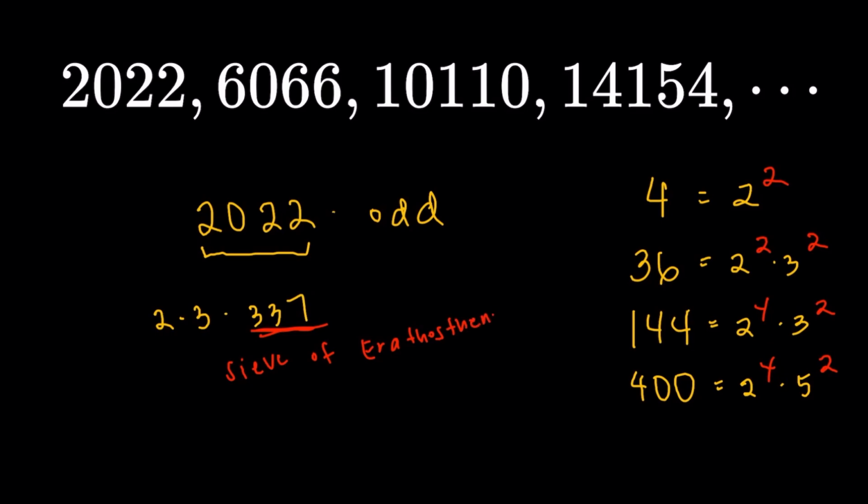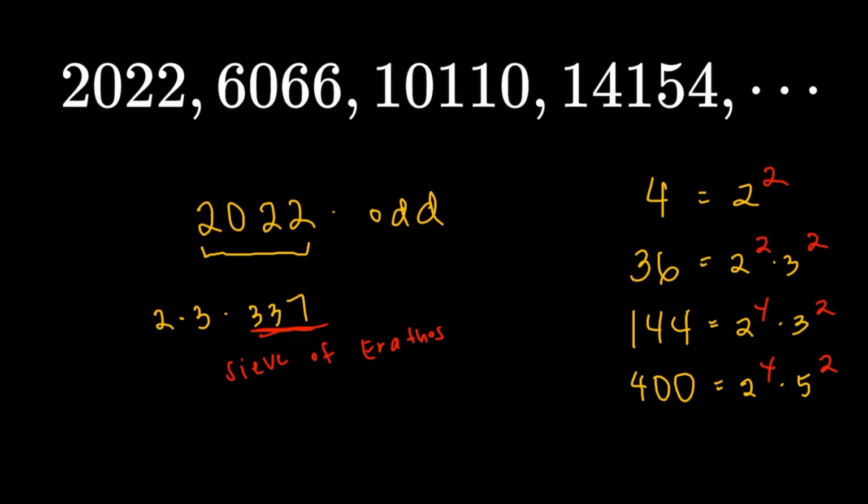The square root of 337 is less than 19, so I just have to check prime numbers less than 19. You can check that 337 is not divisible by 2, 3, 5, 7, 11, 13, and 17. It's not divisible by any of those. So by the sieve of Eratosthenes, we're done. 337 is prime.